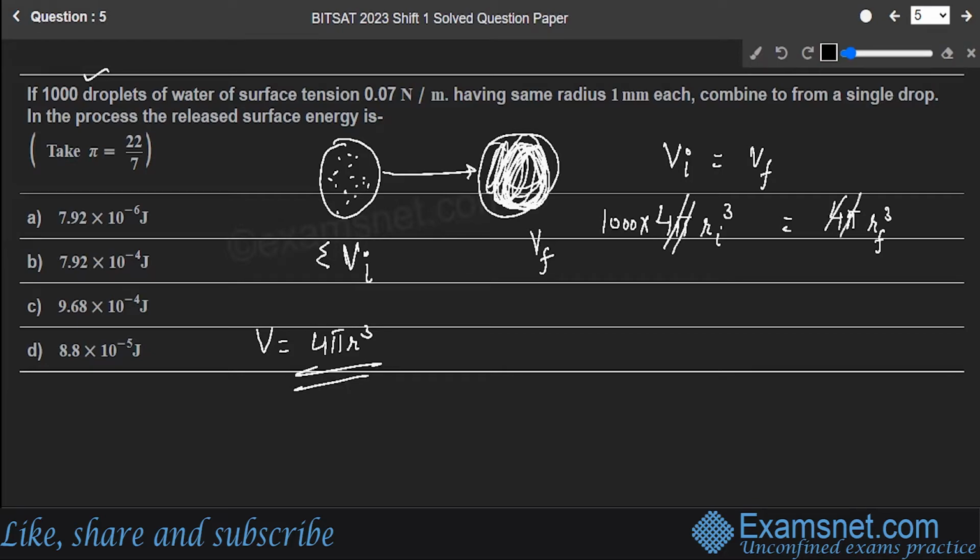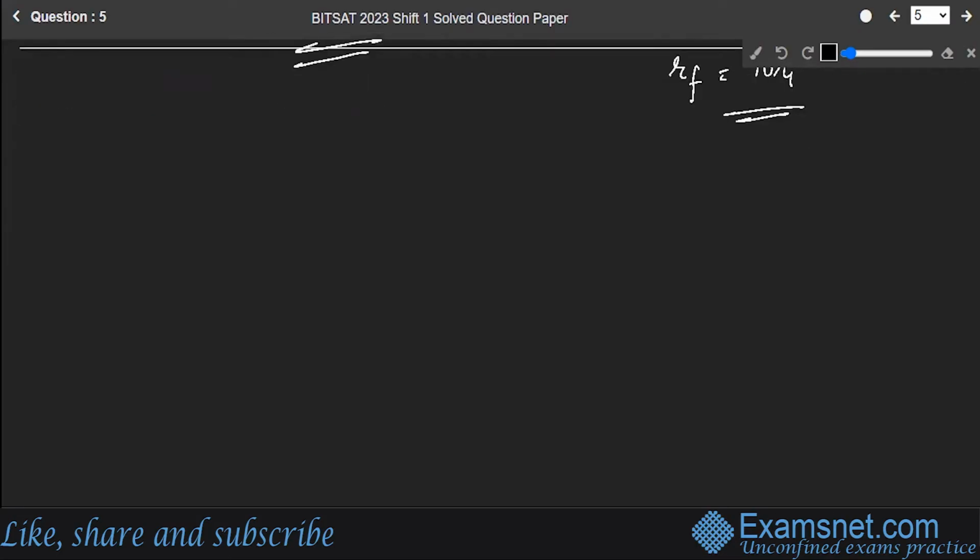This will cancel. So the final radius cube is 10 power 3 into initial radius cube, or the final radius is equal to 10 times the initial radius.